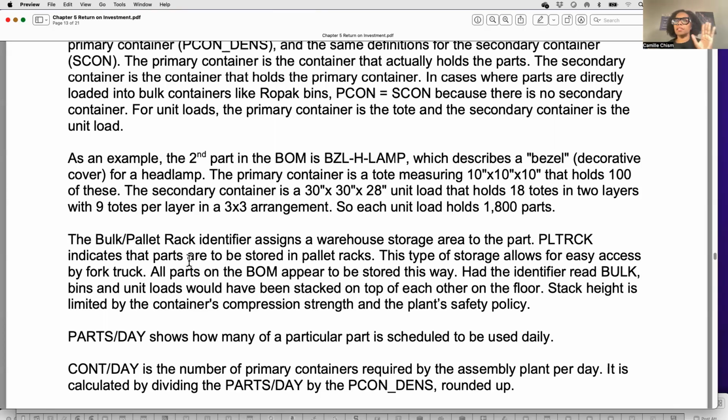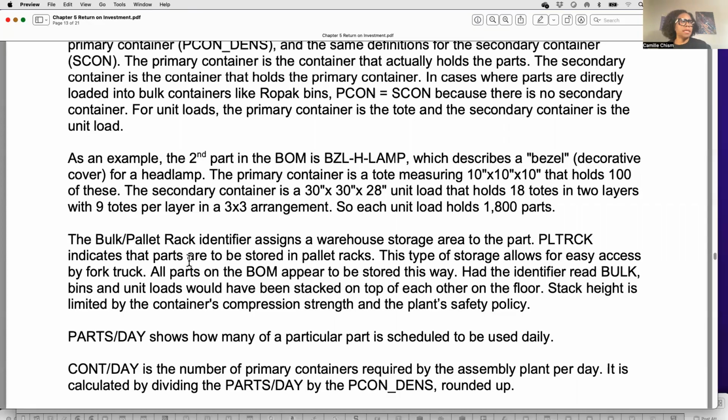Sometimes they're dedicated, it's always going to be in the same position, and sometimes they put it in where they have room. And if you have a system that's just putting things in where there's room, that's another reason why having standard pallet sizes will be important.